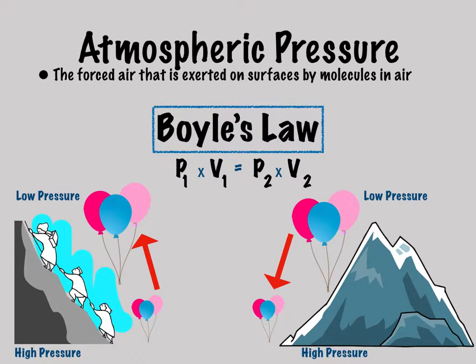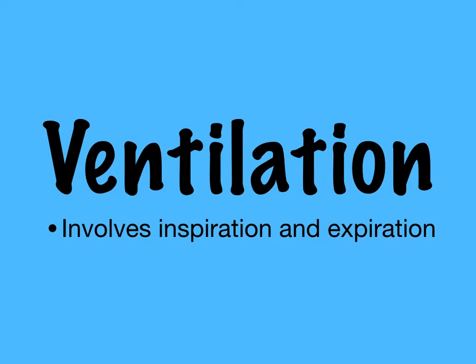Now that we have discussed the importance of atmospheric pressure, we begin to discuss the mechanisms of ventilation. Ventilation involves inspiration and expiration, otherwise known as inhalation and exhalation. The next slide will show us some of the structures that are used to make the process of breathing possible.